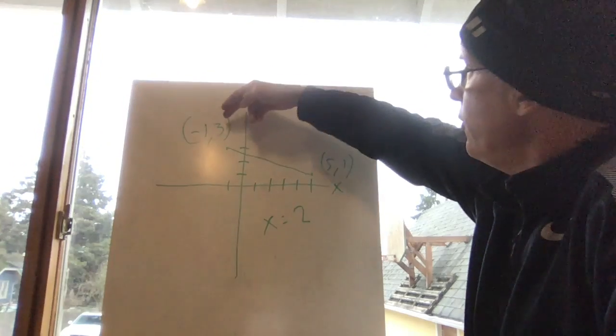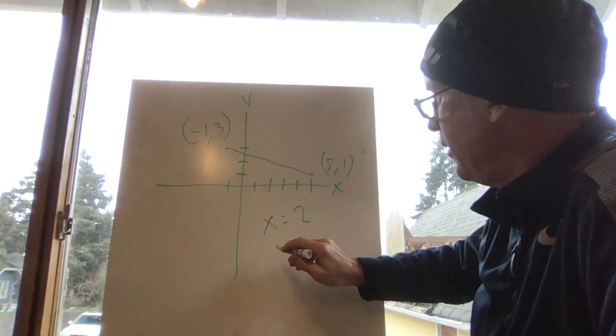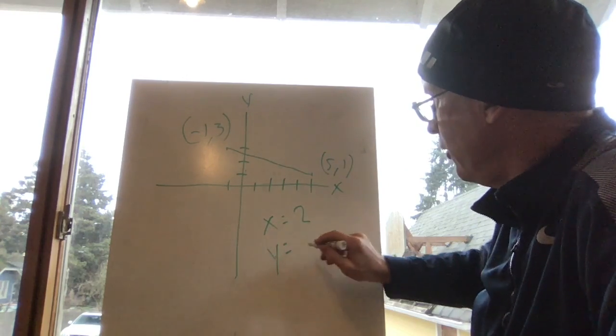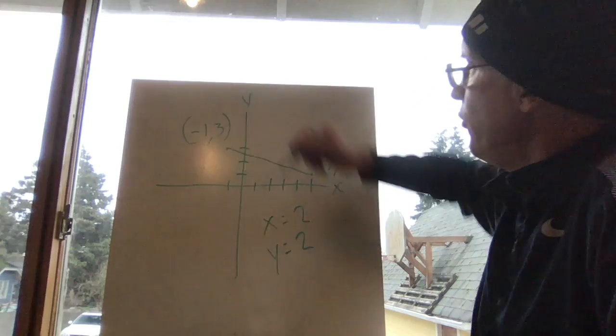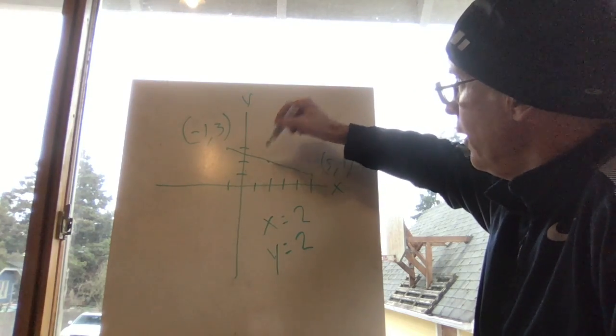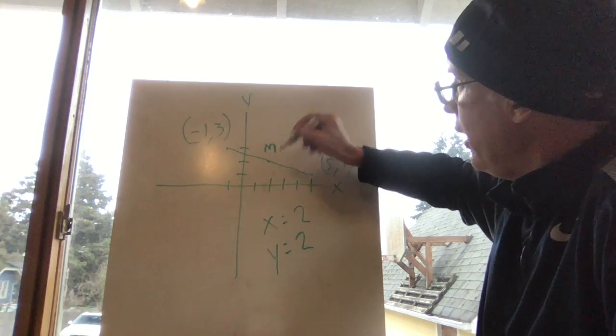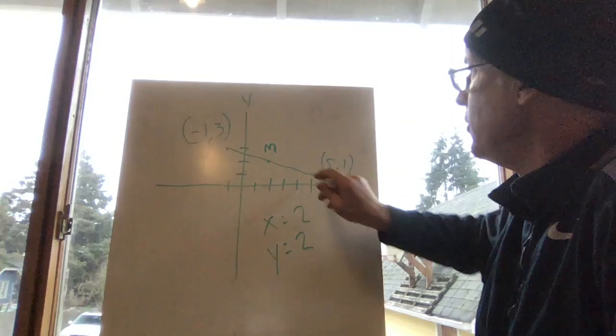The y values are 3 and 1. 3 plus 1 is 4. 4 divided by 2, the y value is going to be 2. So over 2, up 2, that is going to be your midpoint. We'll call it the point M maybe. That's the midpoint between these two points.